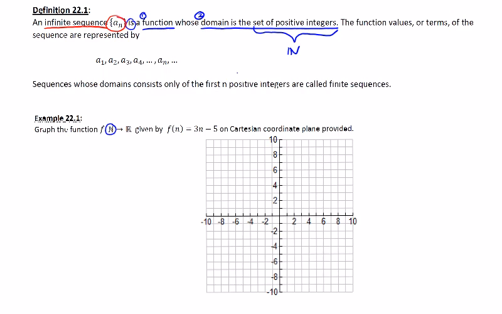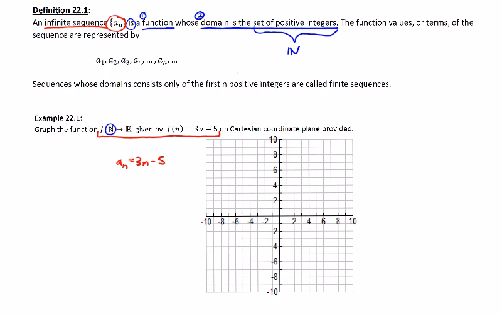So what we can do with a sequence definition, because it is a very special type of function, is I no longer have to use this rigorous mapping notation like that. I don't have to use all of that, because the domain is always going to be a set of natural numbers. I can simply do this: an is equal to 3n minus 5.